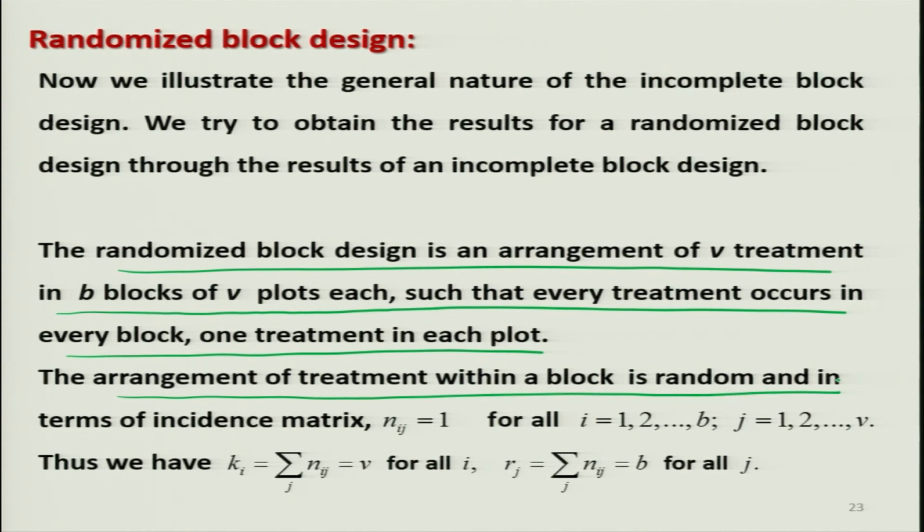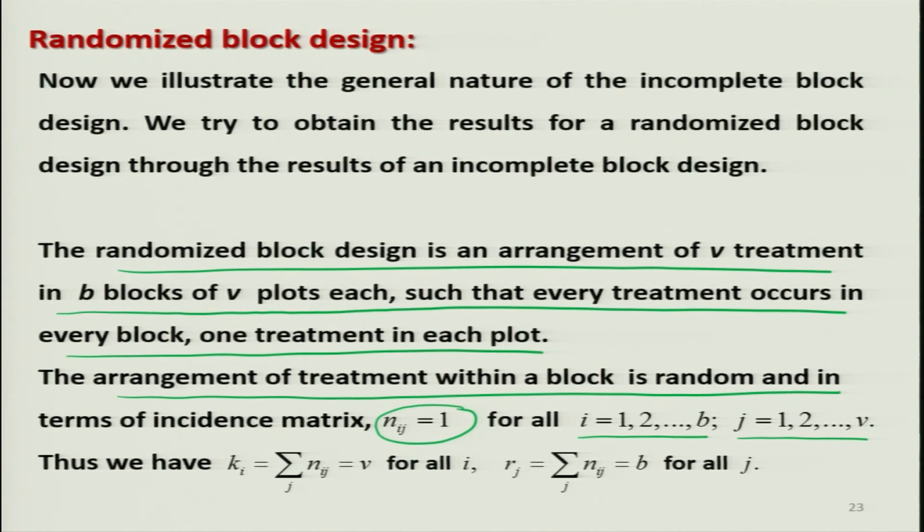Now, if you translate this condition in terms of the terminology that you have learned in the case of incomplete block design, then I can say here that every treatment is appearing in every block once and only once. So, I can write down here Nij is equal to 1 for all i from 1 to B and j from 1 to V, because there are B blocks and V treatments.